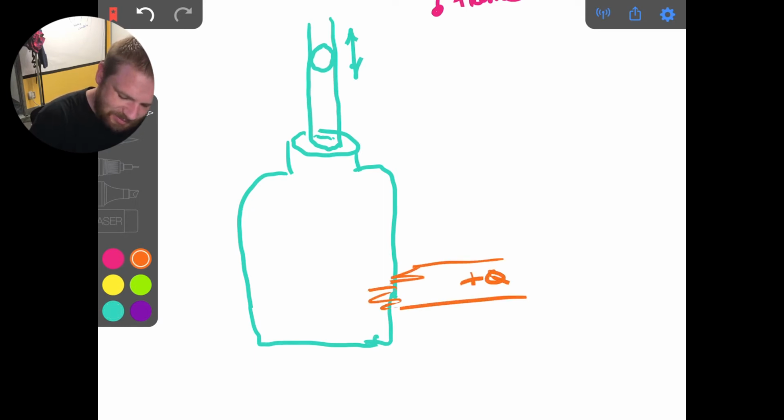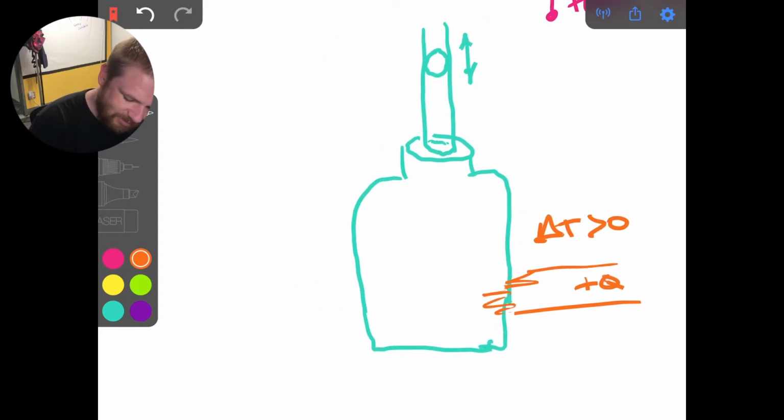This is a plus Q situation, which also corresponds to an increase in the thermal energy. So we'll say delta T is also greater than 0 for a constant pressure process when we add a flame, Q. Now, if we have the ball going down, so this is for delta V greater than 0, this situation here.